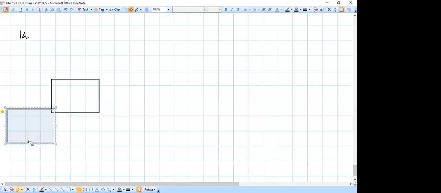So these questions are just about understanding the language of the question. What is happening in the 14th question is that you are using a steel wire to lift up a load.